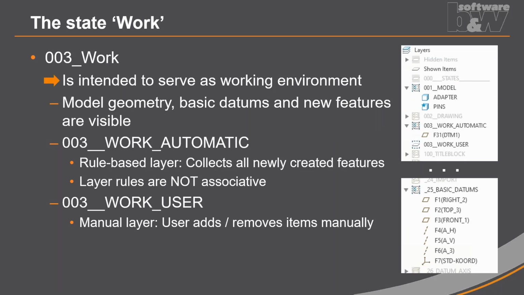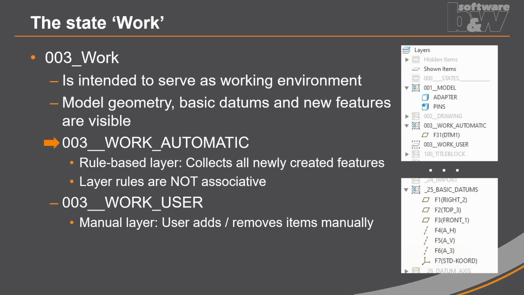My next state is my working state, and I usually make visible the geometry, sure, my basic datums from the start part, and I want to see all the new features that I have in my model. And for that, I have a mechanism.